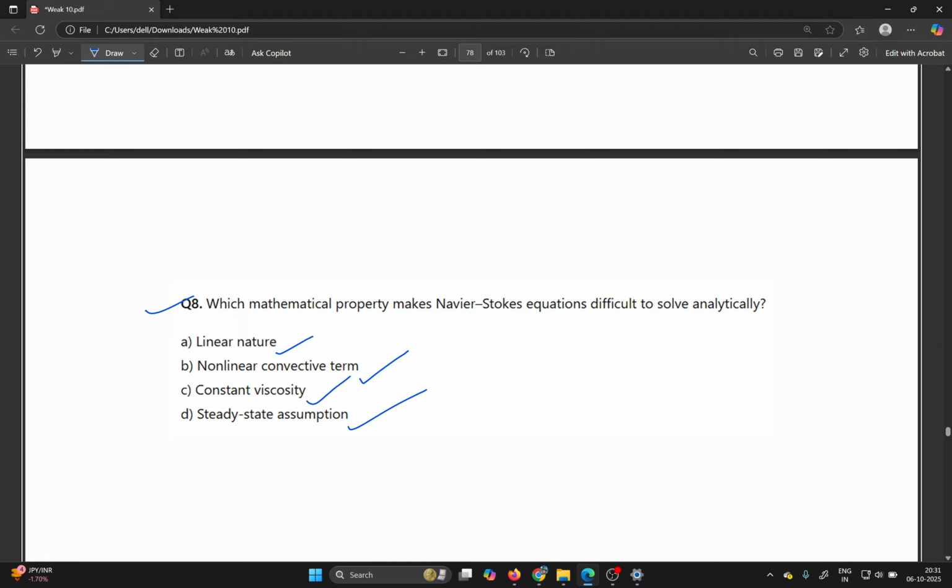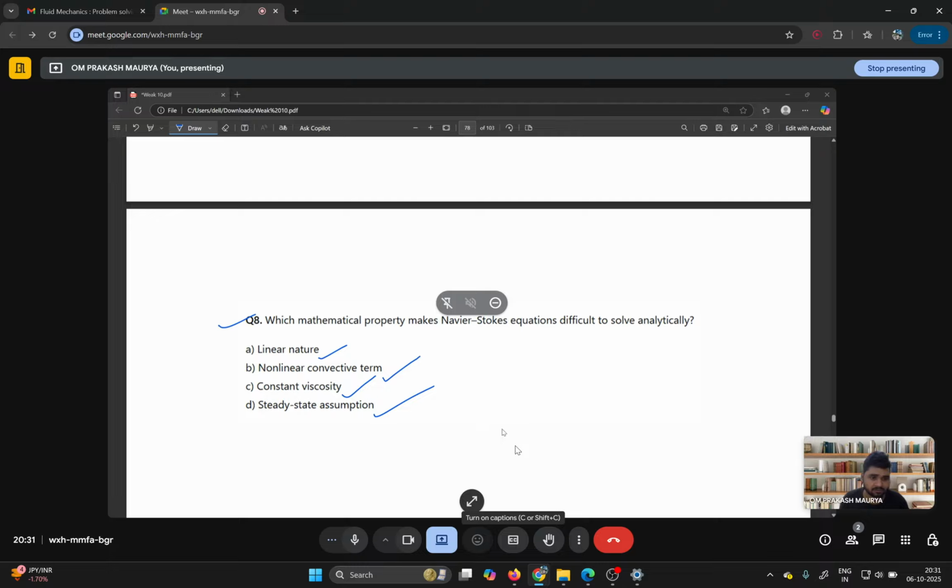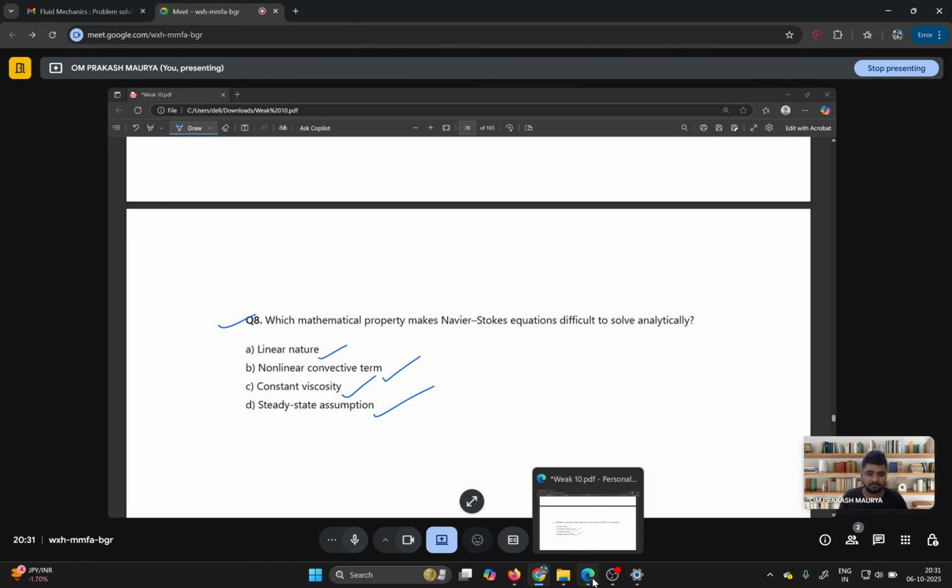Very important, just think on that. Whether you have difficulty in linear equations, or whether you have difficulty with non-linear equations, non-linear terms, think on that.